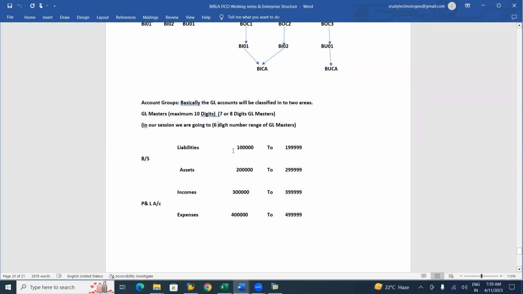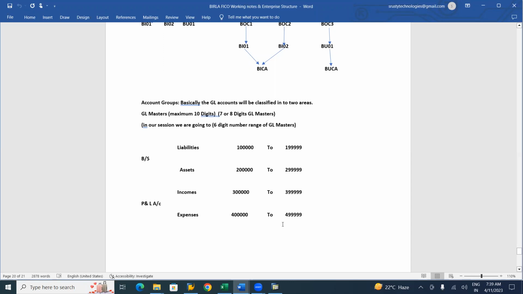In this particular range, we can create all the liabilities. I have given a 10,000 range. Assets, we can create under this particular range. Incomes, under this. We discussed what grouping and marshalling mean in the last session. Clear? And expenses, in this particular group.